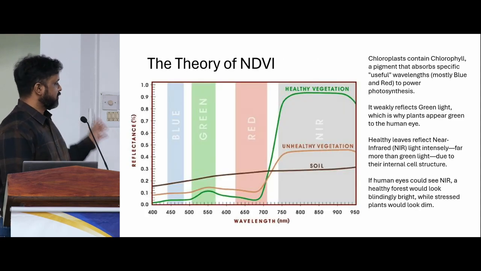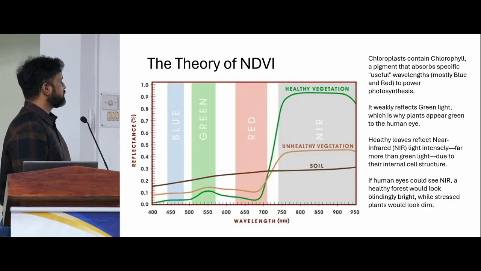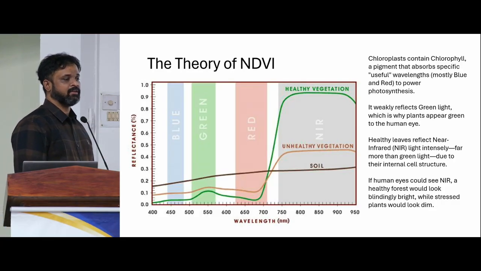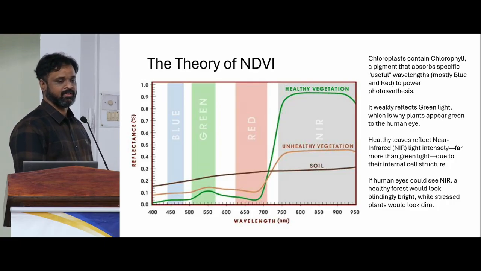Now, here's the theory as to how we utilize NDVI. Plants have this thing of reflecting infrared, like to an amazing degree. The greenness of plants is actually from this tiny bump. They actually absorb green light quite well, but they reflect it more than blue and red, which is why they appear green.